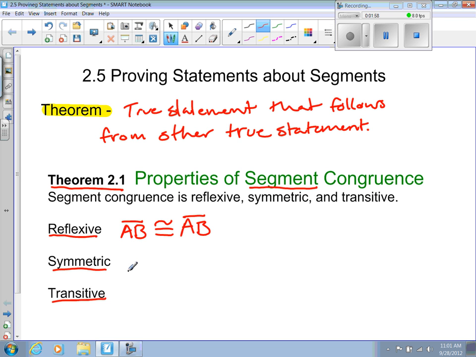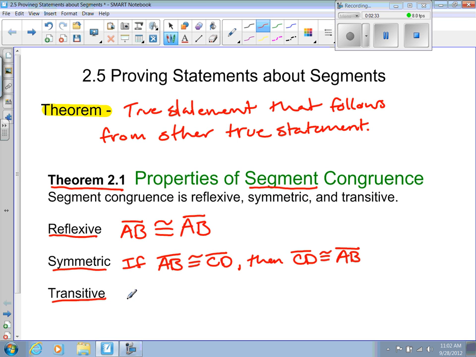It's congruent to itself. The symmetric property, so that was our guy pulling on his cheeks. The symmetric property, the two frogs look pretty symmetric. If segment AB is congruent to segment CD, then CD is going to be congruent to segment AB. So same properties as before, but now we're saying for segments.